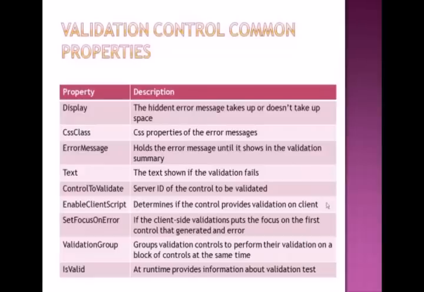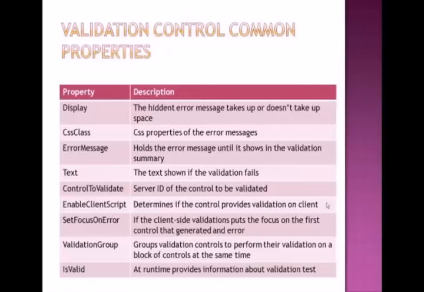The CSS class property enables you to set the CSS class attribute that you want to apply to the error message to modify the way it looks. The error message property is the error message that will be used in the validation summary, and we will see that a little later. If you leave the text property of the validation control empty, then the error message will show up as the text.